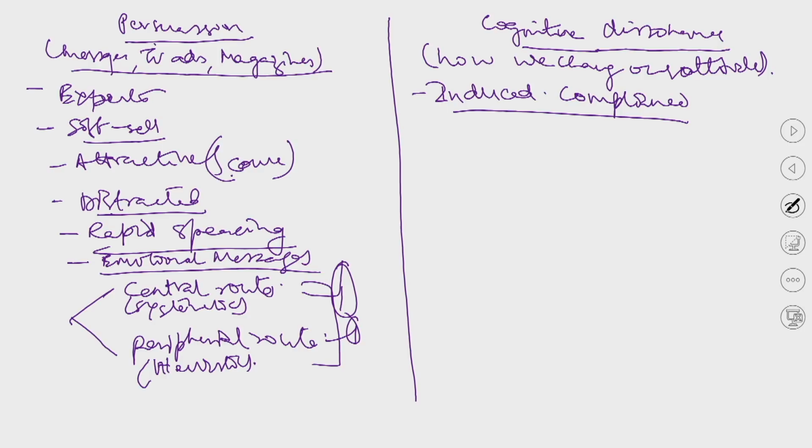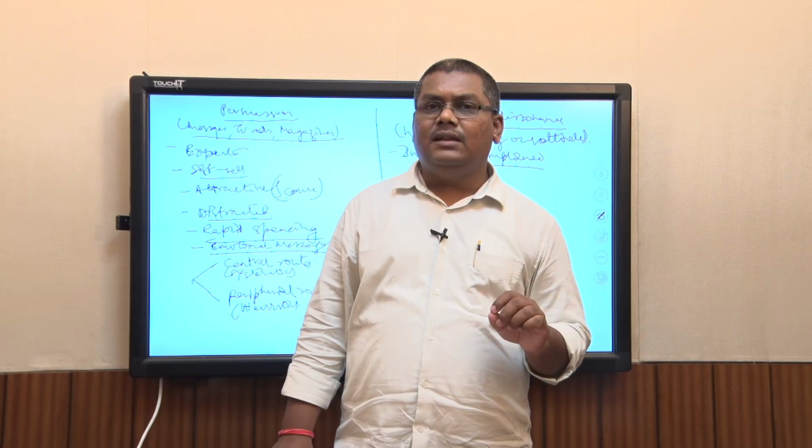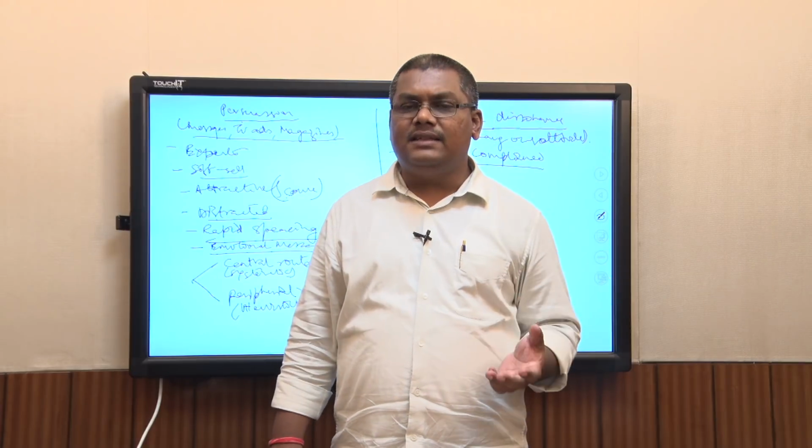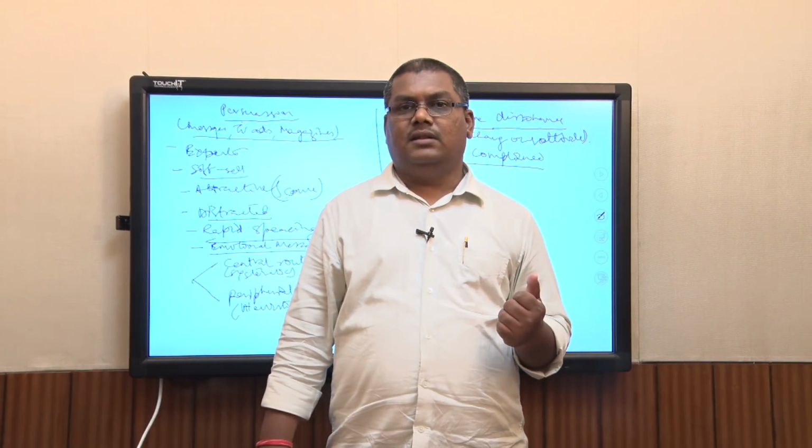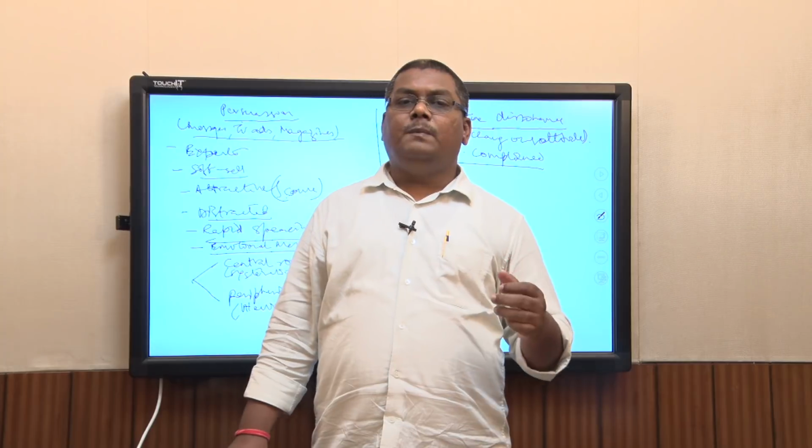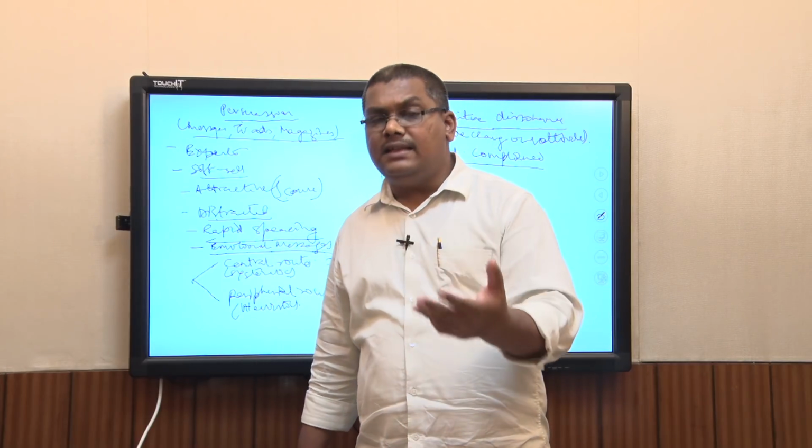So, what is cognitive dissonance? Very briefly speaking, it's a state where you believe something and you are doing something else. So, if people believe something but they say something else, that is cognitive dissonance. That is the state of cognitive dissonance. Or people believe something and they believe something else, a negative.